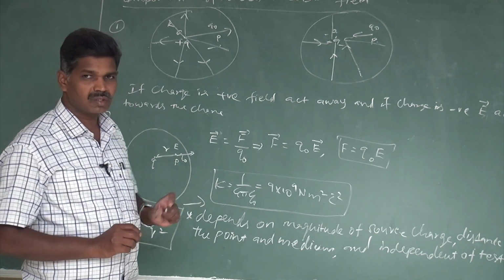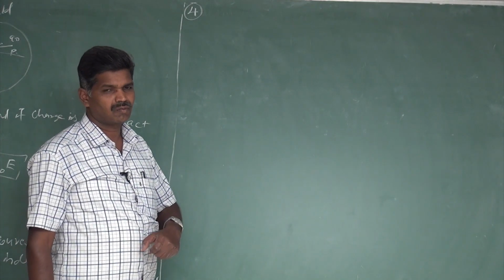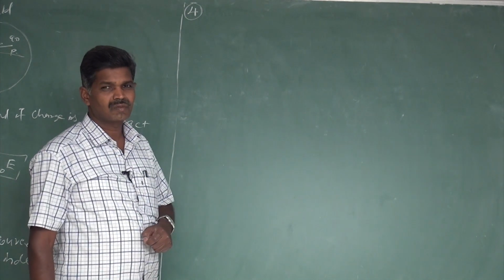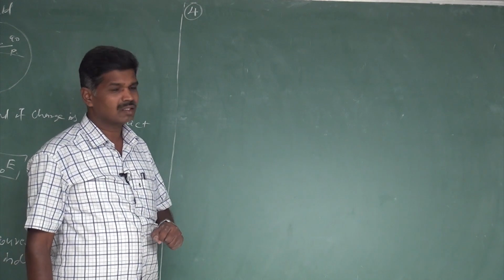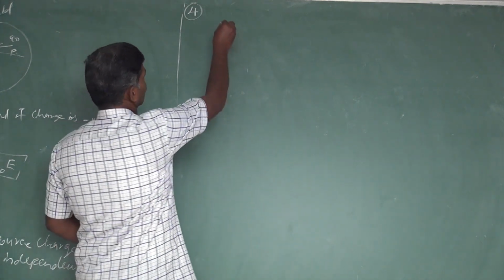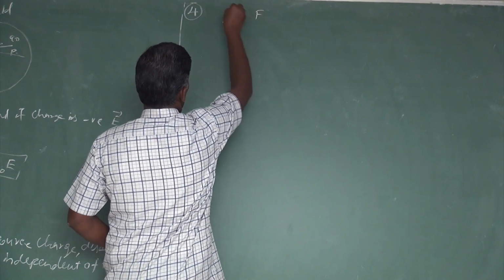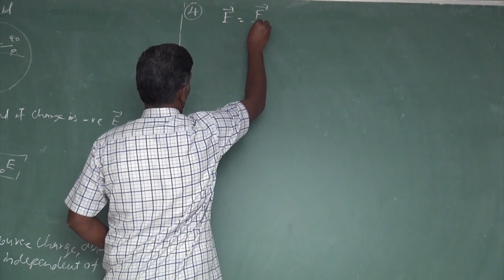Next, we are going to see the fourth point, about the value and direction of the electric field. We know that the electric field is a vector quantity, that is, E vector is equal to F vector divided by Q naught.